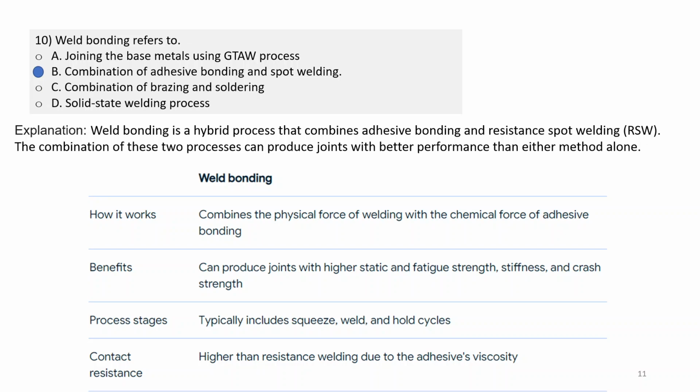Benefits: it can produce joints with higher static and fatigue strength, stiffness and crash strength. This process includes squeeze, weld and hold cycles, and the contact resistance is higher than the resistance welding due to the adhesive's viscosity.